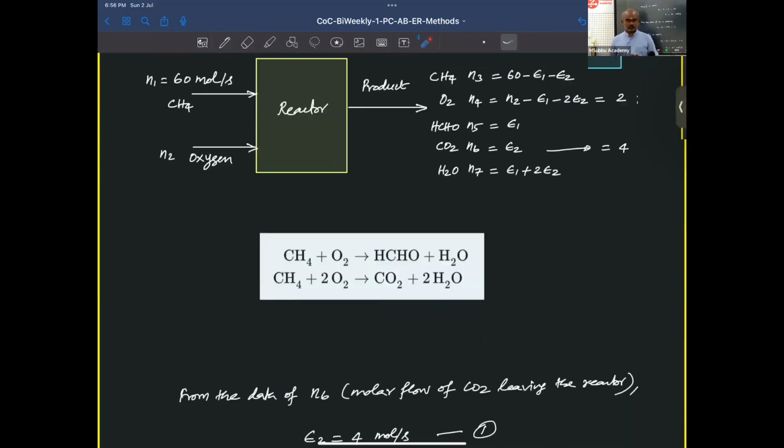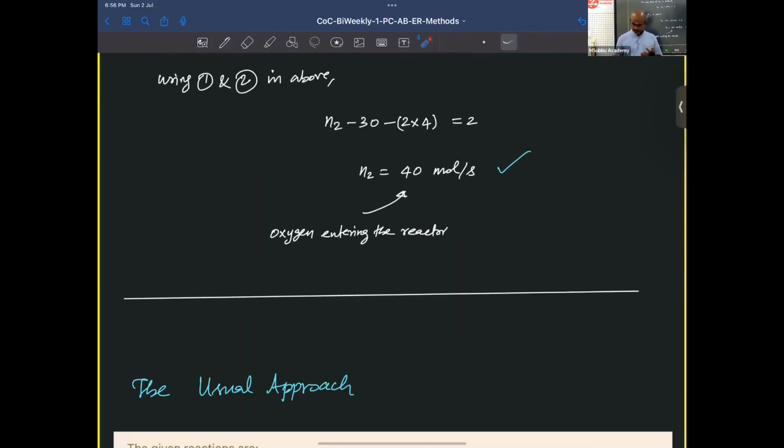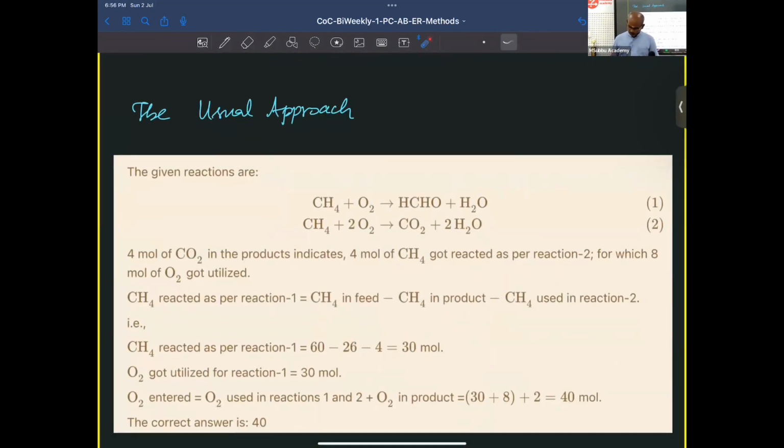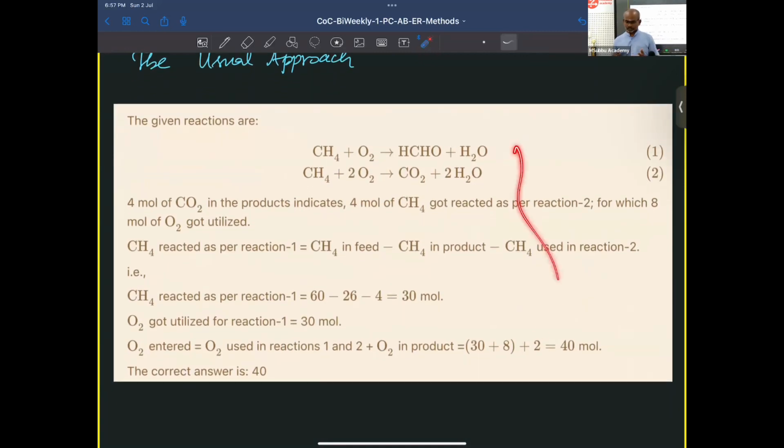So the solution procedure is straightforward, whereas in the usual approach, sometimes you don't get this point. If you cannot understand this point, you cannot start. The starting is not so easy in this usual approach. Of course, the solution will come in 3-4 lines.